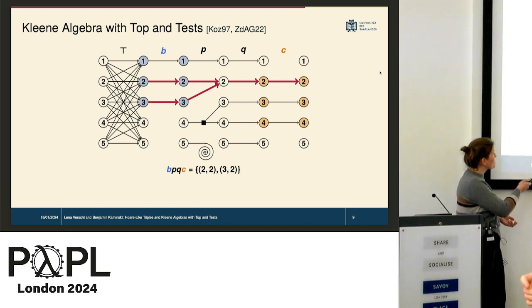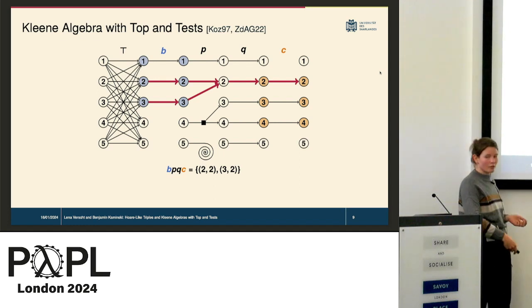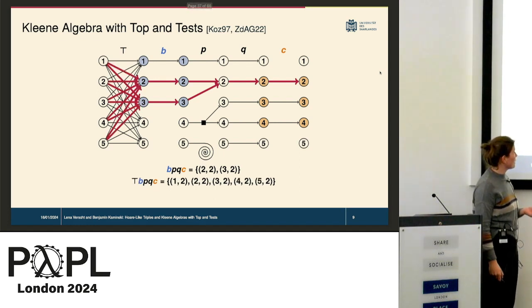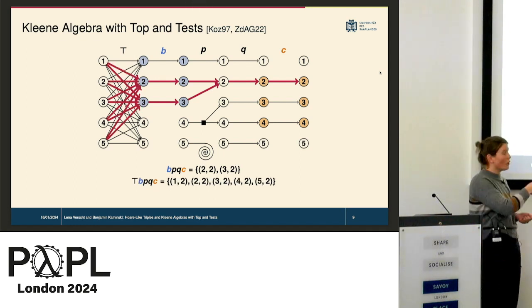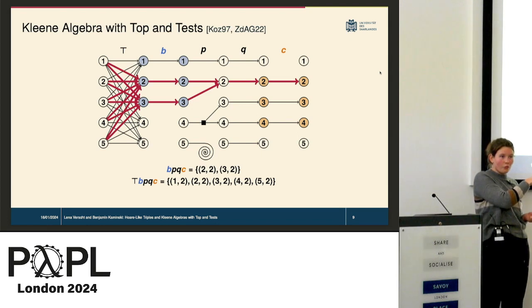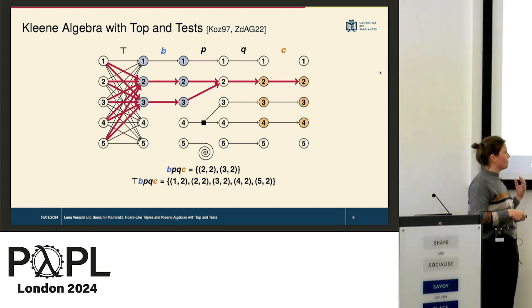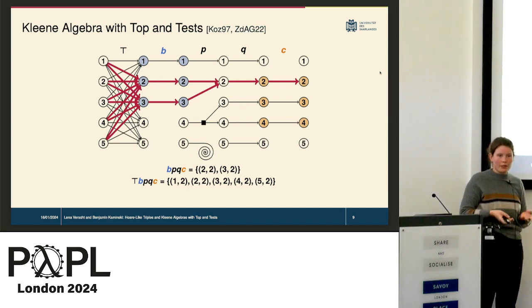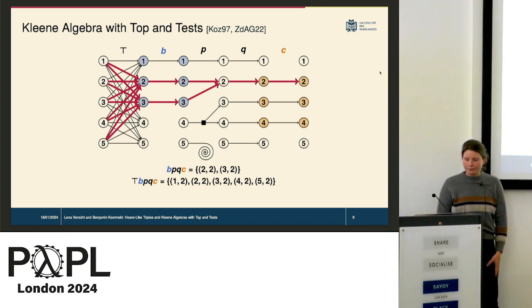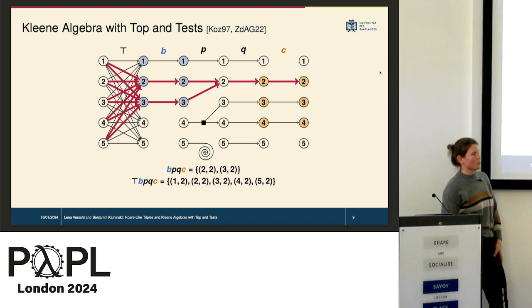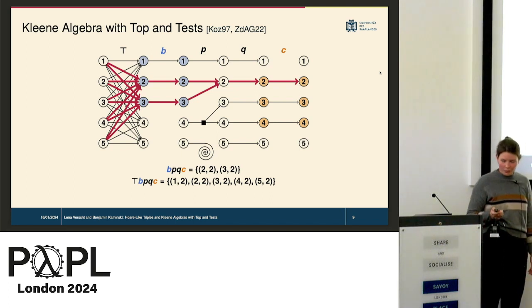And if we compose this top element to the relation we had before, what we get is a new relation where all initial states are related to the final states of the previous relation. So the point is that all initial states are somewhat constant. So we can now compare the codomain of relations and also the domain. Okay, so let's see how we can actually express program properties.